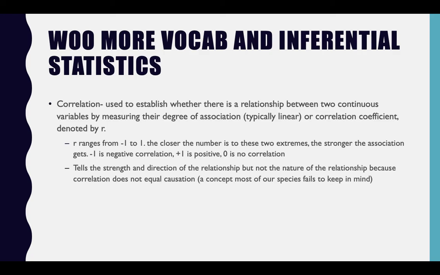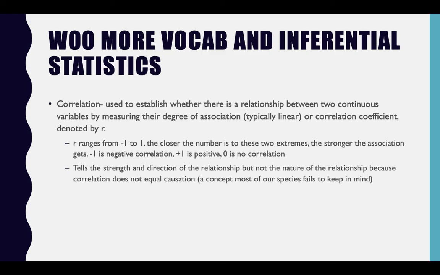The closer your value of r for whatever study you're doing is to these two extremes, the stronger the association is between your values. So -1 is a negative correlation, +1 is a positive, and if you get around 0, there's no correlation between your continuous variables.